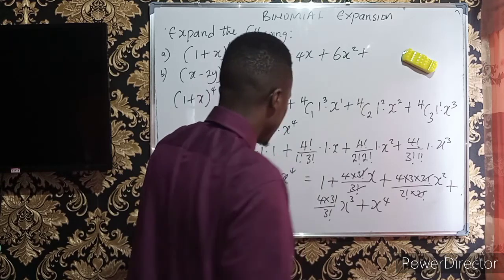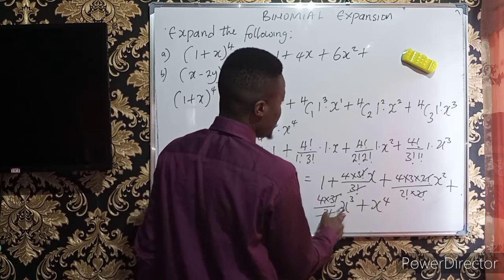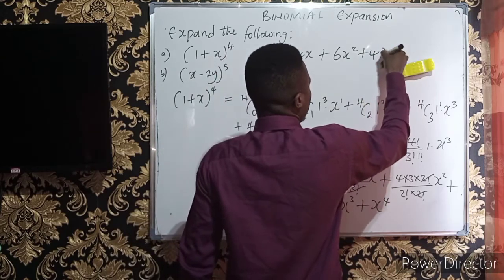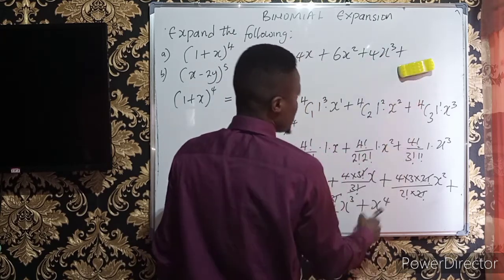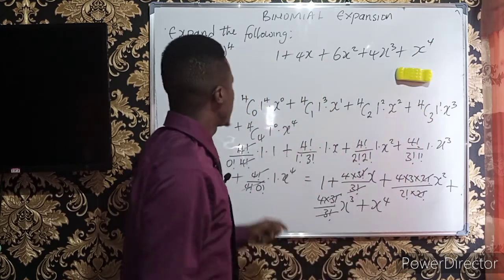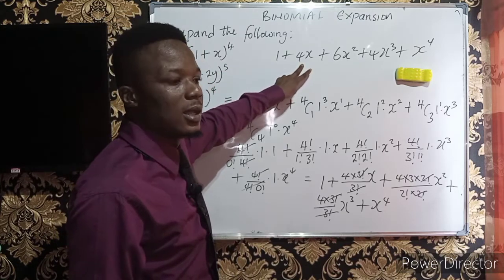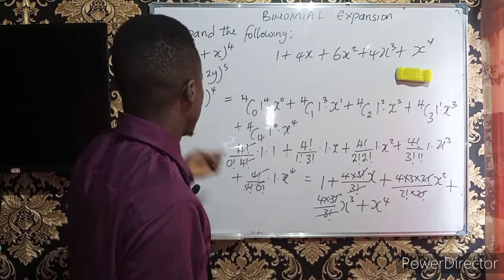Plus coming here again, this will cancel out. We have 4 times x cubed, which gives us 4x cubed, then plus x to the power of 4. And this is just the answer. So if you expand this particular term here, you are going to get these expressions. So let's take the second one.